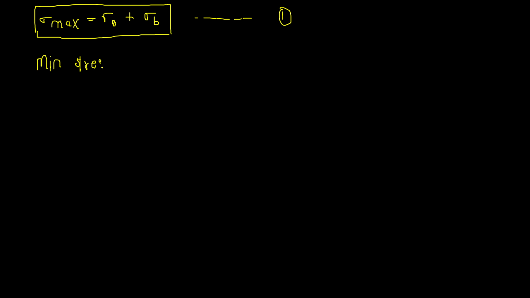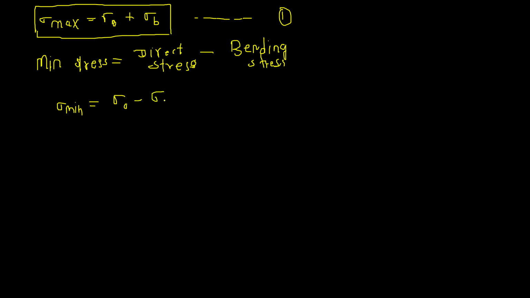What is the formula for minimum stress? Minimum stress is equal to direct stress minus bending stress. In maximum there is plus, in minimum there is minus. So we can write it like this: sigma minimum is equal to direct stress sigma naught minus sigma b.